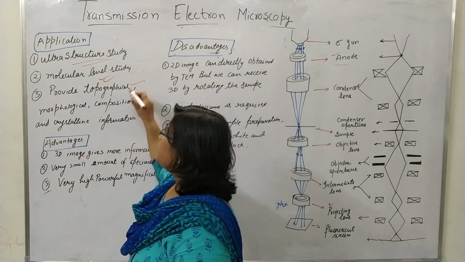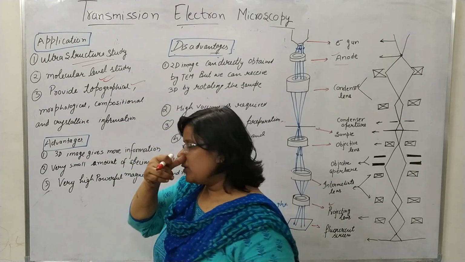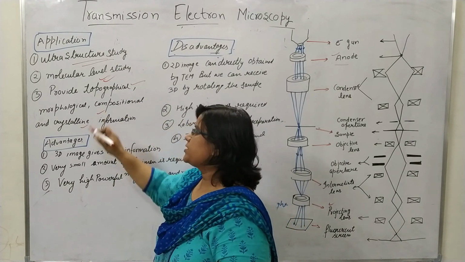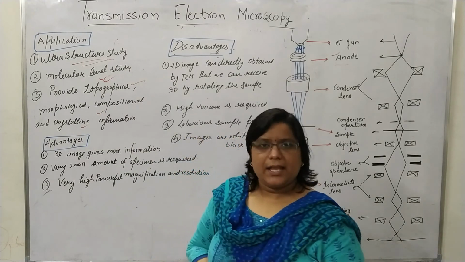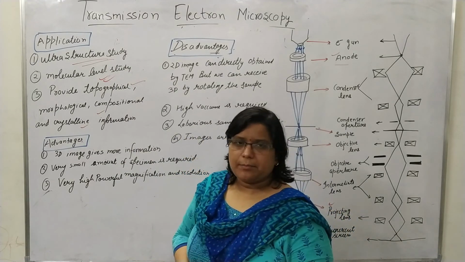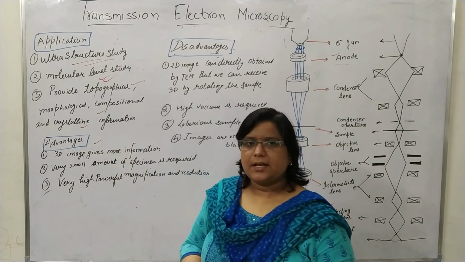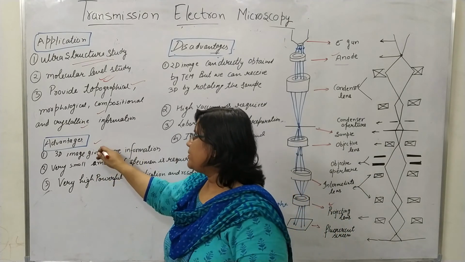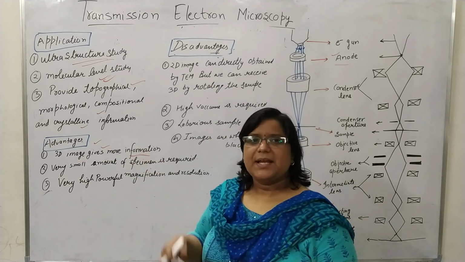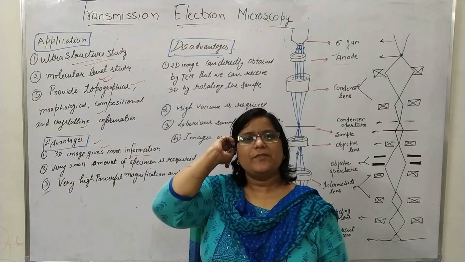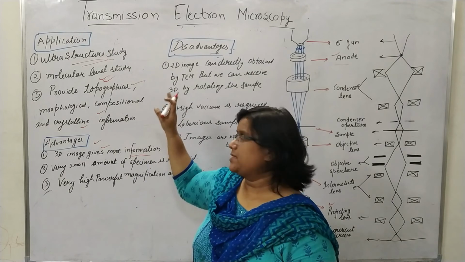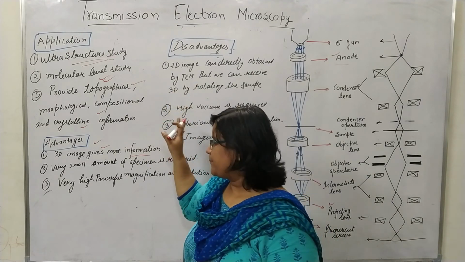It provides topographical, morphological or crystalline information of a compound, an element, or a metal or non-metal compound. These are the applications, and the advantage is that we can receive 3D images for more information, but how we can receive 3D images is a disadvantage, which we will see later.